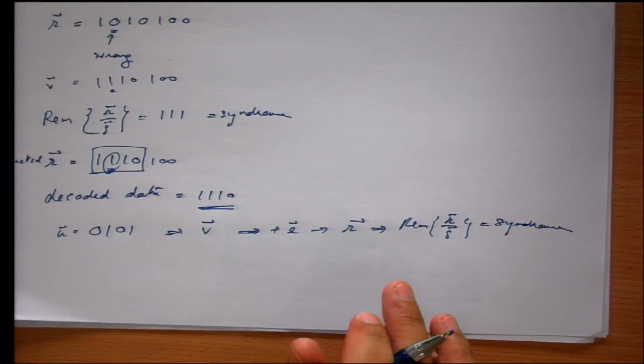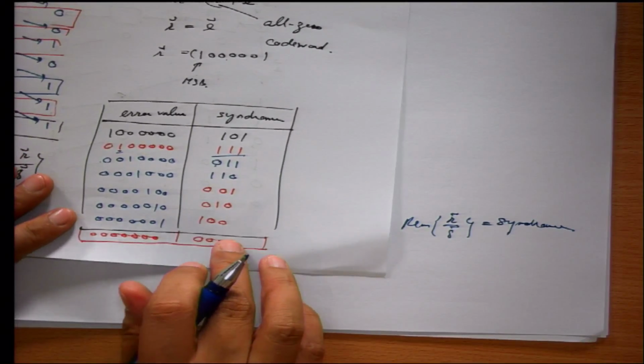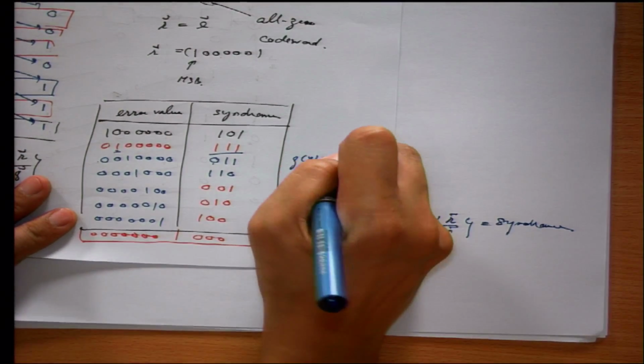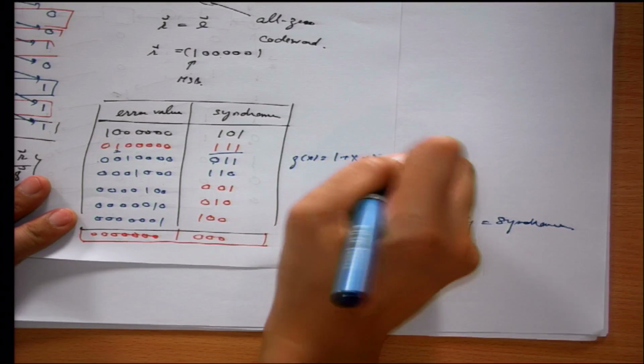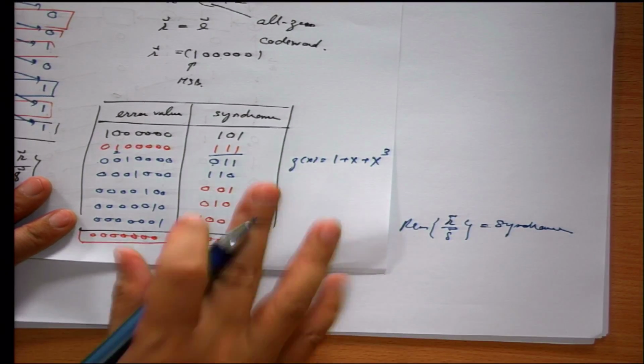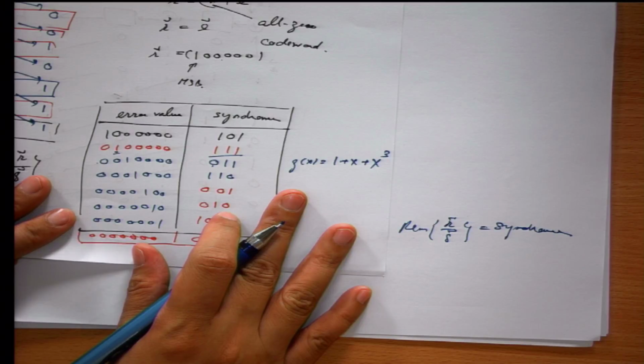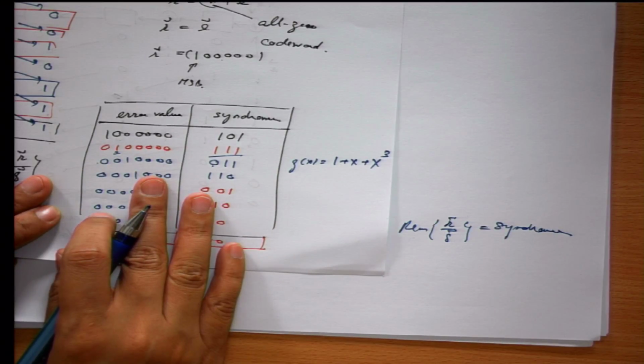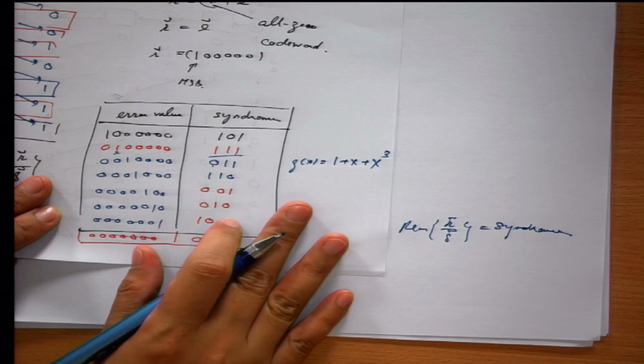So this table works for the code where G(x) equals 1 plus x cubed, okay. If it's a different G, the table will be different. So this table is related to this generator polynomial.